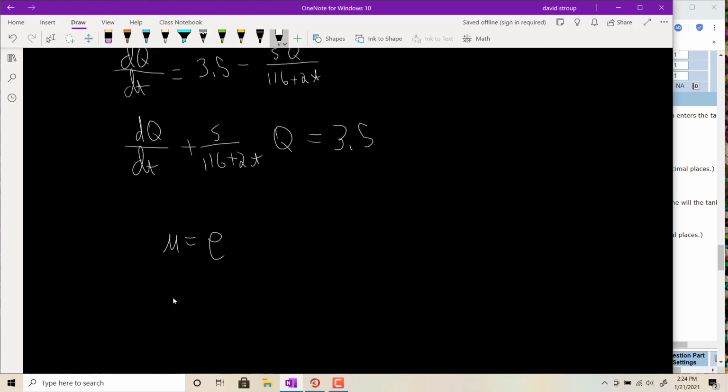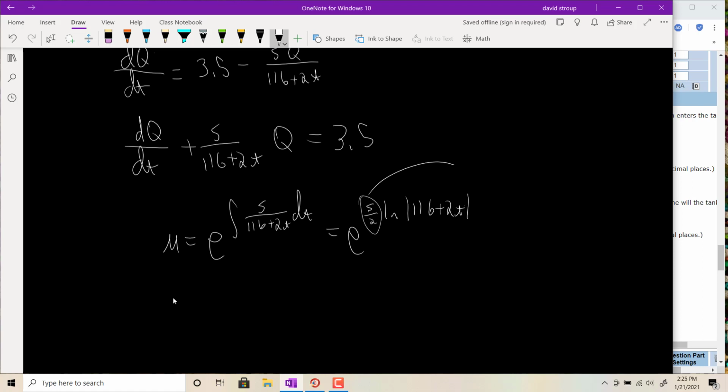And then I could get my integrating factor. Mu is e to the integral of 5 over 116 plus 2t dt. You factor out the 5, there'll be an extra factor of 1/2 from the u-sub, and at the end of the day it'll be ln of the absolute value of 116 plus 2t.